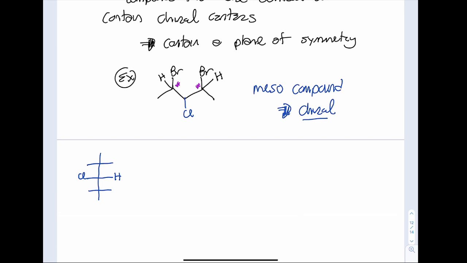So I do have to put that in there. And then I'm going to put my hydrogen on the top and the bottom again, because then when I assign configuration, my lowest priority group is going back. Again, you don't have to, but I just think it's easier. And then I have a bromine and a methyl group. It doesn't matter what sides you start with, because we're going to draw all possibilities. So I drew my one. I'm going to now draw its mirror image. So we're doing just like we did in the last problem.